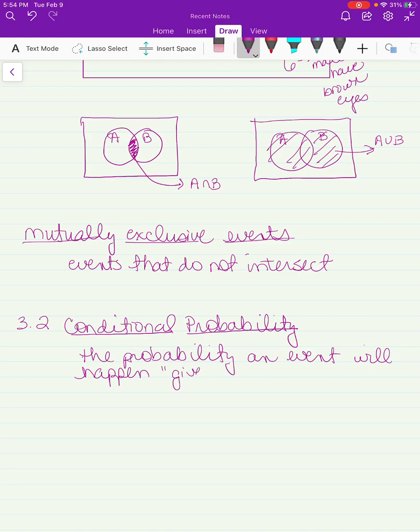Now here's the key. Given that another event has already happened.